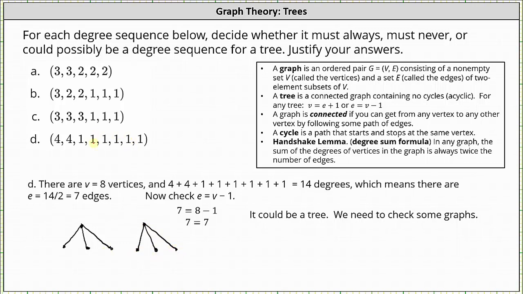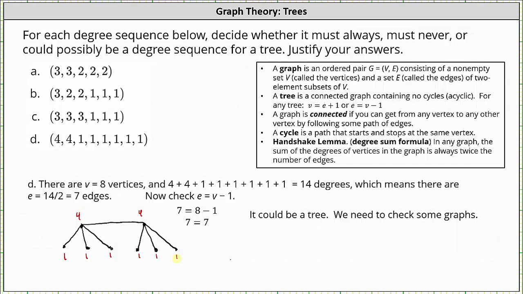Notice how we have the 6 1s, but we have 2 degree 3s, not 2 degree 4s. We can make these degree 4s by connecting the 2 degree 3 vertices. And notice now we do have the correct degree sequence. We have 4, 4, 1, 1, 1, 1, 1, 1. The graph is connected and there are no cycles. This is a tree using the given degree sequence.